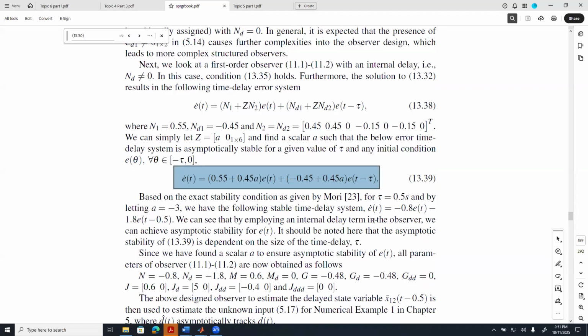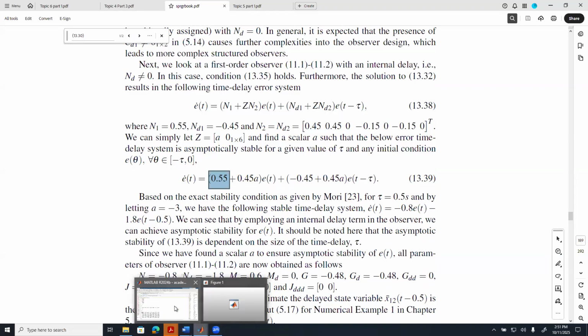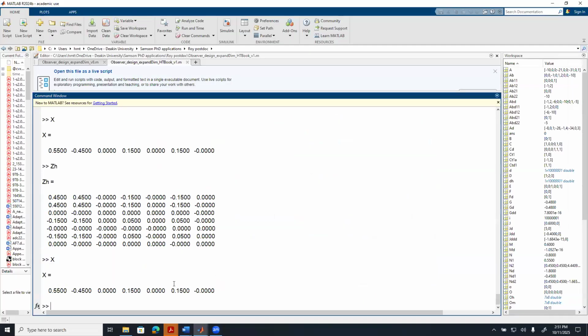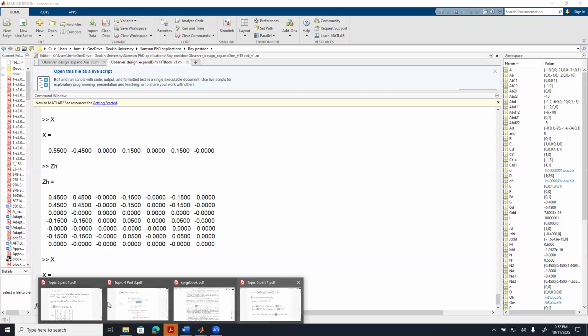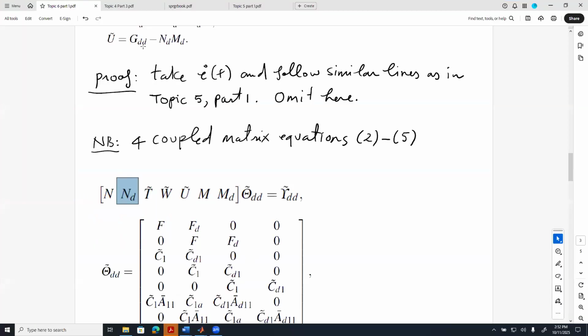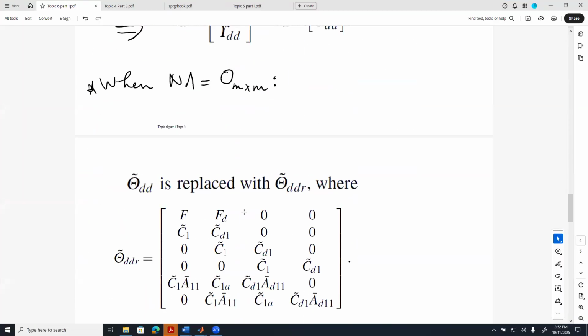Now notice that the first bit is N1, which comes from this solution here, 0.55. The next one is minus 0.45. So that's exactly what happens in there.